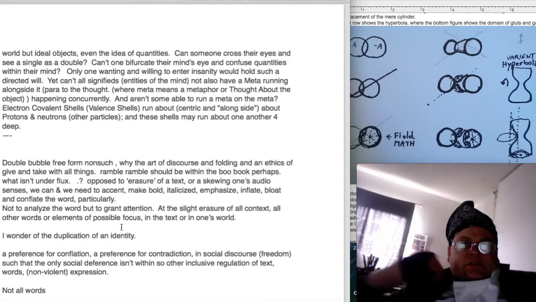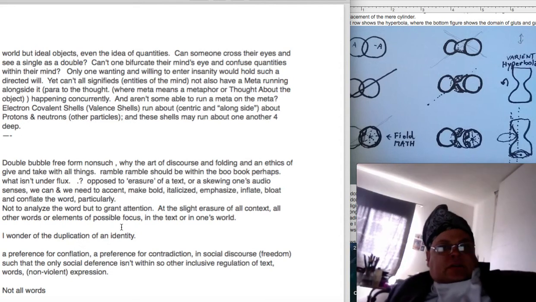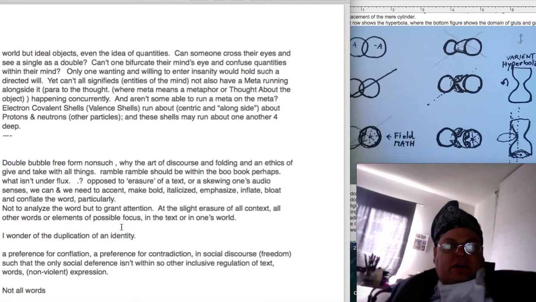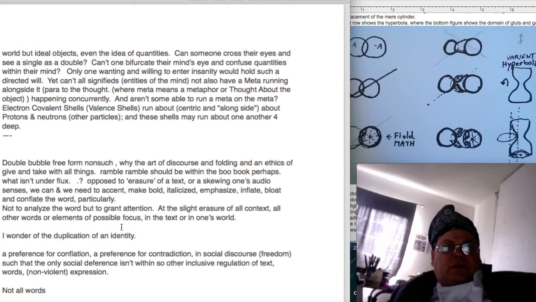quantities. Can someone cross their eyes and see a single as a double? Can't one bifurcate their mind's eye and confuse quantities within their mind? Only one wanting and willing to enter insanity would hold such a directed will. Yet, can't all signifieds, entities of the mind, also have a meta running alongside it, para to the thought?